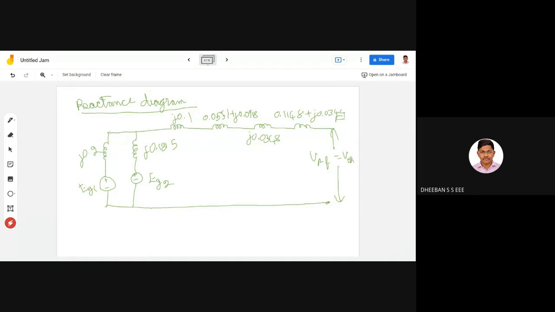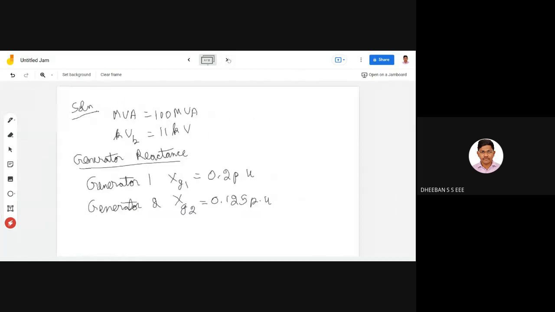This is your reactance diagram, and here is the point of occurrence of your fault, that is F. From the given single line diagram and the data in the question, it is possible to draw your reactance diagram. We also saw this in the last lecture.